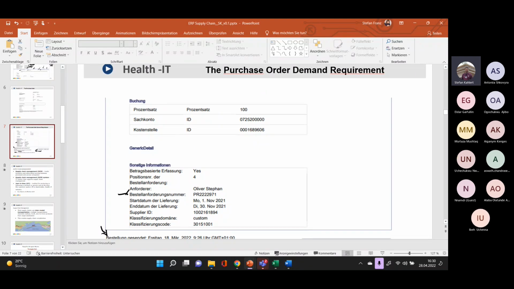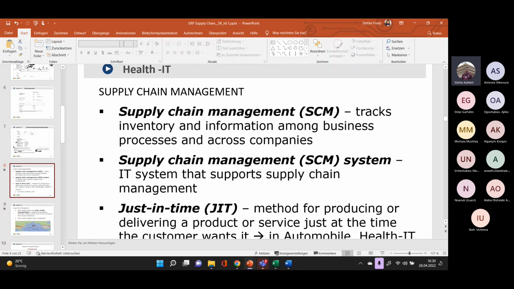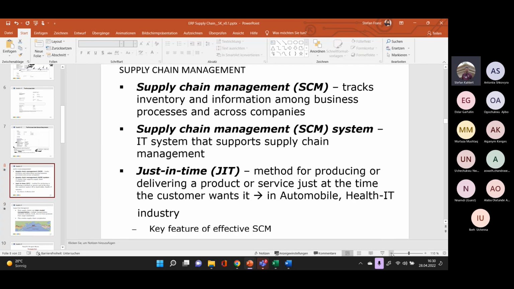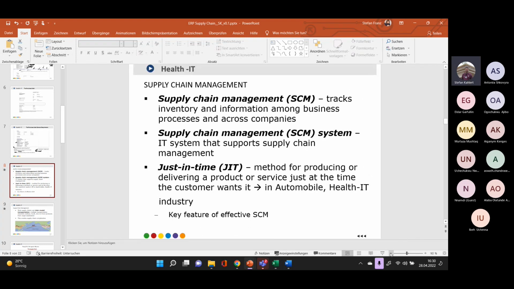If not, let's move to the supply chain process you have to face if you deliver IT goods to clients. And you see here, usually you have a module in your ERP system, which is called supply chain management. So this is one part of an ERP system.